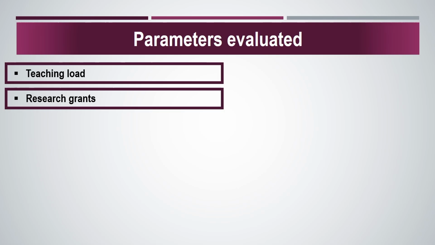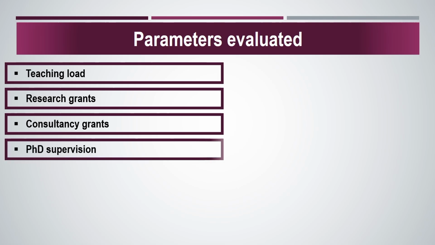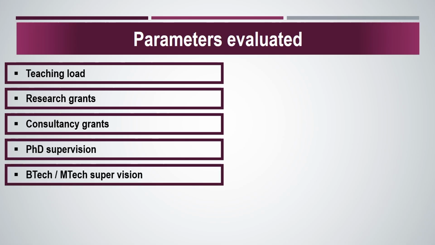Third, which are the organizations through which he has obtained consultancy grants. Then, how many students he has supervised during his calendar year, how many have completed. Then, how many BTech, MTech or BSc, MSc projects he has supervised.